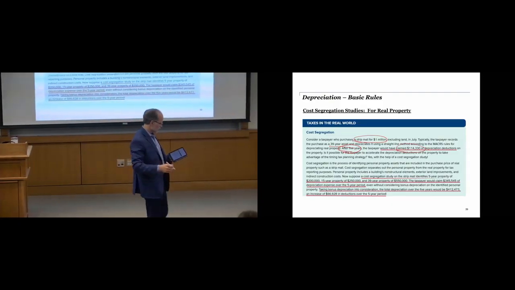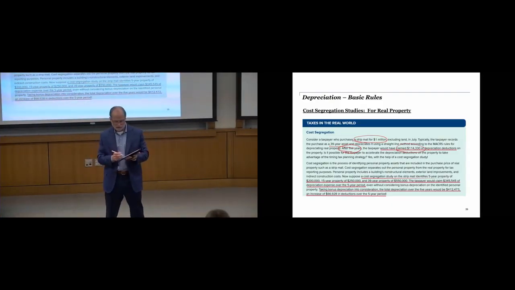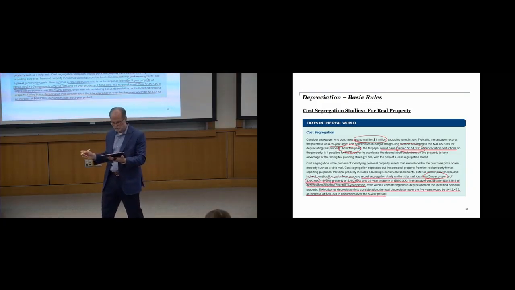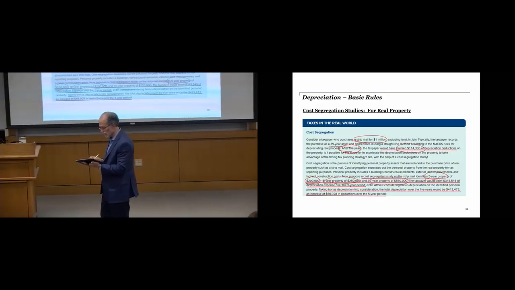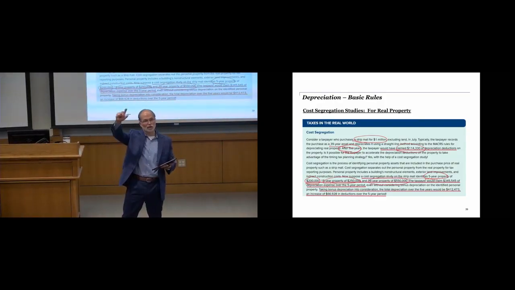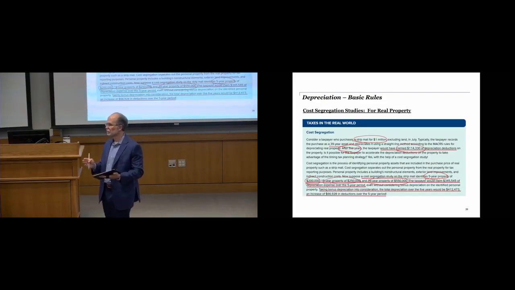So a cost segregation study on the strip mall identifies 5-year property of 200,000 and 15-year property of 250,000, and the remaining 39-year property is 550. So I took 450 of the $1 million purchase price and moved it off of 39-year recovery to 15 and 5 years. That was the end result of the work here.